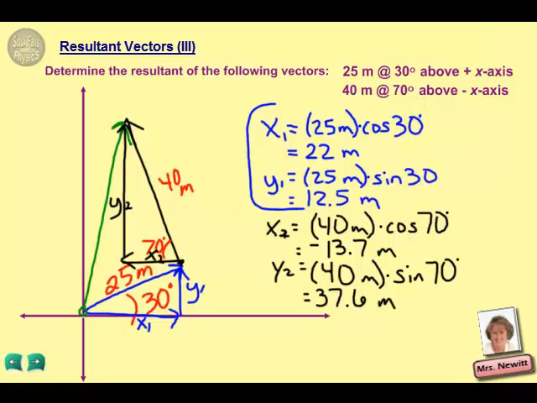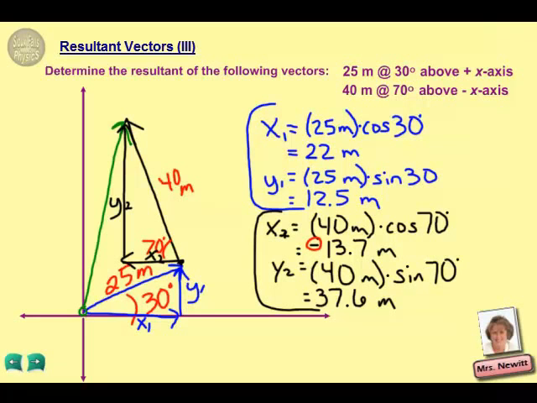For our second vector, we use the 70-degree angle and the 40-meter amount to find our x and y components. Notice that because the x component is pointed to the left, we have this written as a negative 13.7 meters, and then the positive amount for the y because it's still upwards.